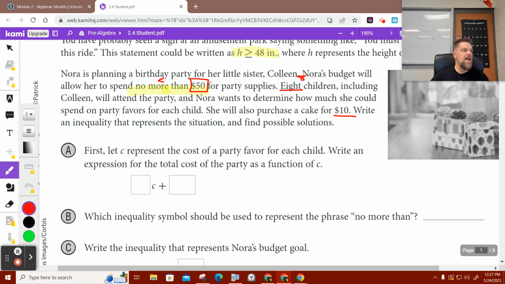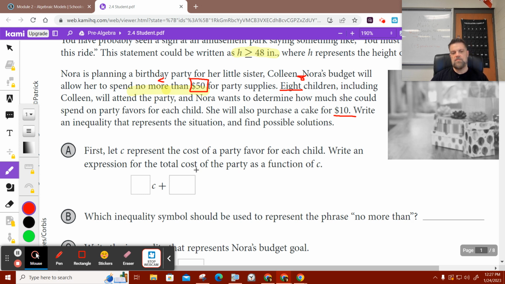So we have to think about this. What do you guys think goes where? We have a 50, an 8, and a 10, and we're trying to determine what the answer will be based on this information. What does C represent?